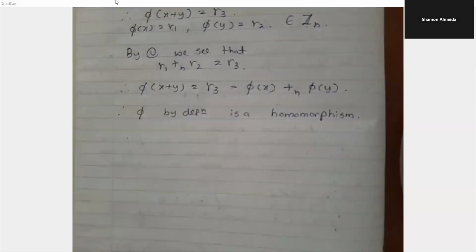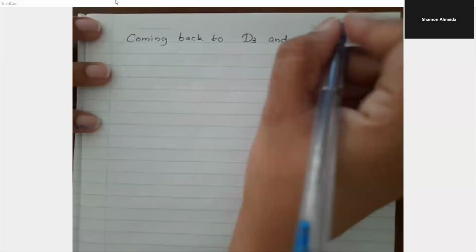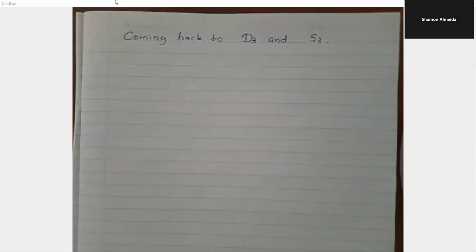Okay, now let's come back to D3 and S3. Let me write it on the side. First, we are going to define a homomorphism between D3 and S3.